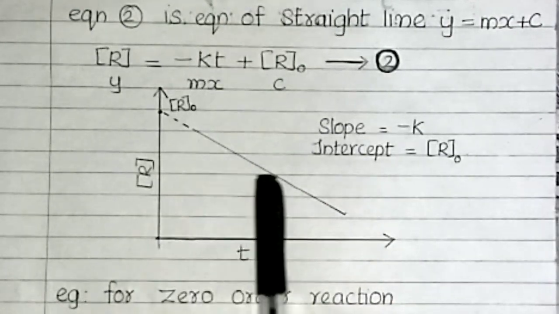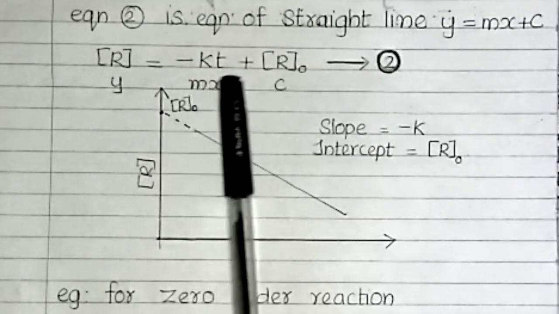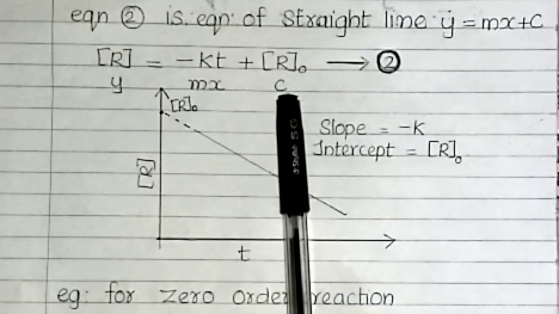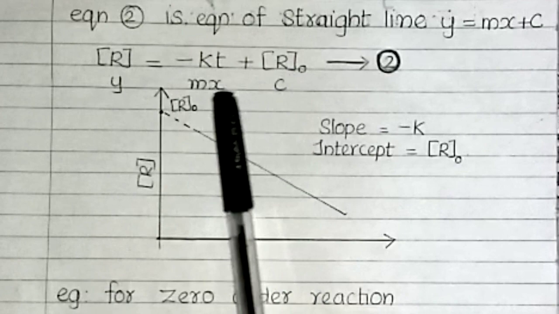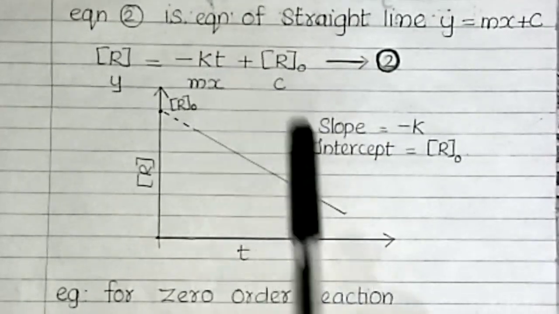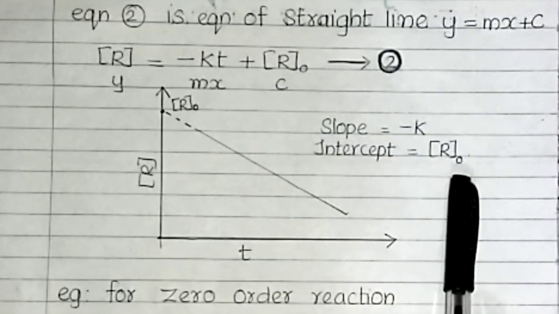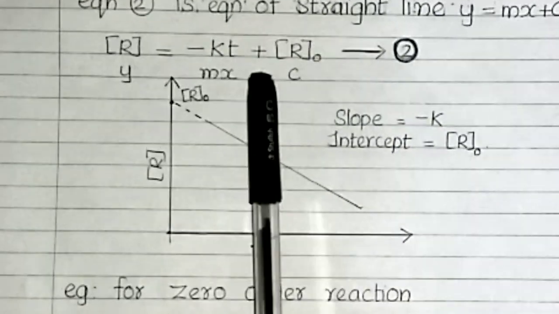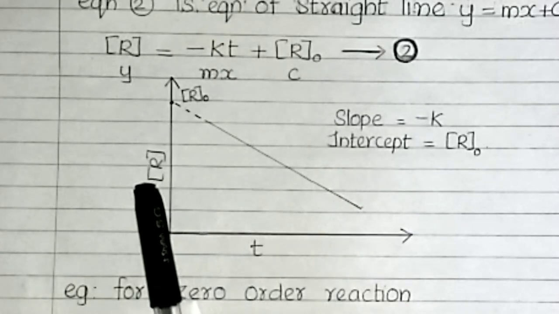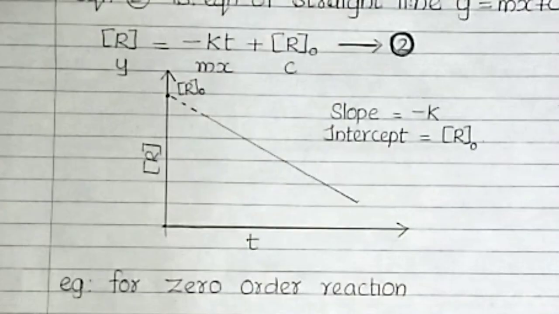Then we get a straight line graph with intercept concentration of R0, equivalent to c, and m equivalent to the slope, which is minus K. Slope is minus K and intercept is equal to concentration of R0. This is the graphical representation of concentration of R against t for a zero order reaction.